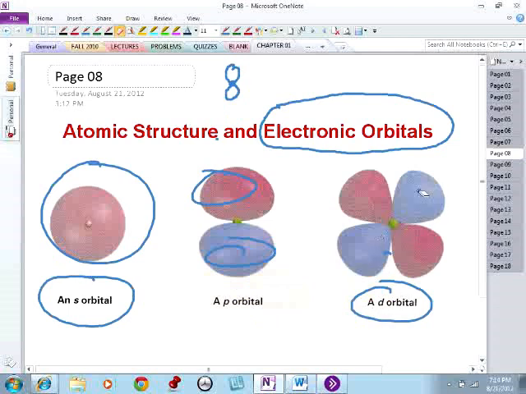In the d orbital you have 4 lobes. Fortunately, most of the atomic orbitals that will be of interest to us will be the s and the p orbitals during the course of this semester. Now, let us give you further information about the p orbitals.